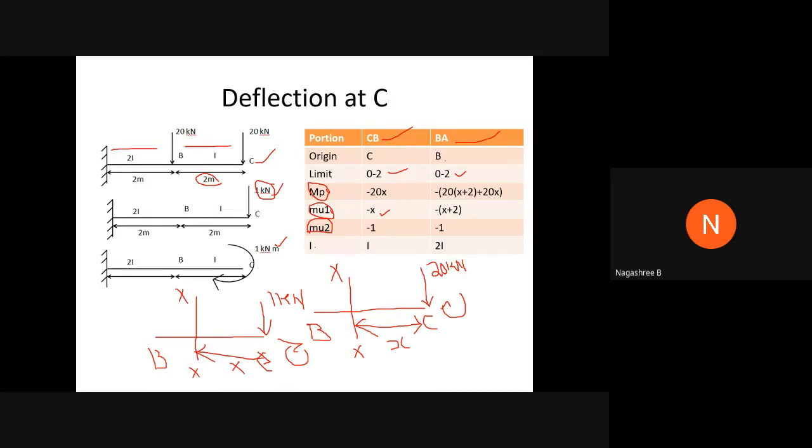Next, coming to the moment due to unit rotation, MU2 is the moment due to the unit rotation. Here I have assumed the clockwise rotation. Why? Because the 20 kilonewton is exactly in the downward direction, and if I compute its moment at any point, it will be in the clockwise direction.